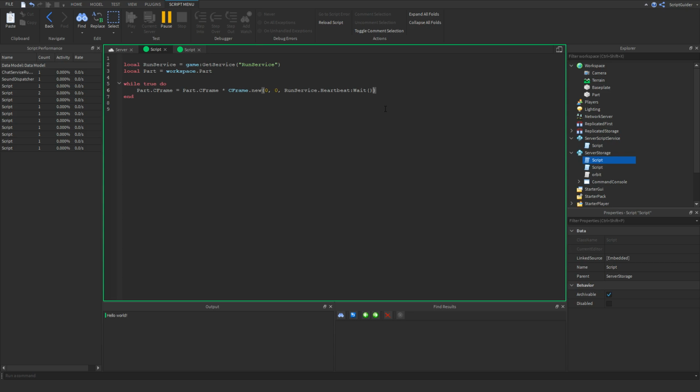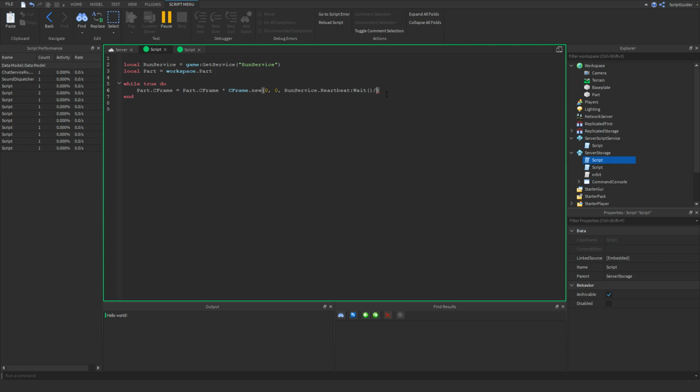But since we don't have a defined start time and end time of our animation, the difference in our time is only given to us by what our wait returns. So that's going to be our increment. So we're going to take that little unit of time and we're going to divide that by what we want the duration of our animation to be every cycle of the loop.